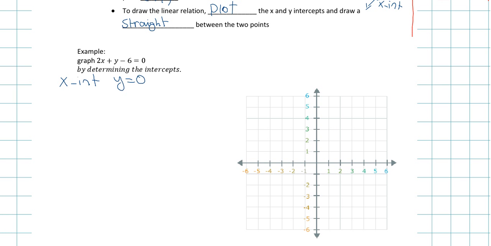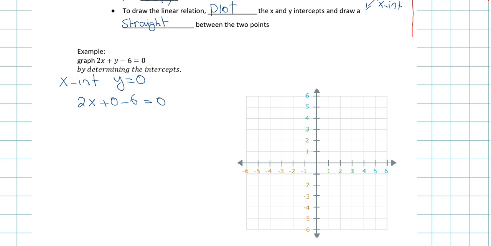So I'll have 2x plus 0 minus 6 equal to 0. Are we okay with this? Do you understand what happened here? So I replaced y with 0. So now I only have x in my equation as a letter.